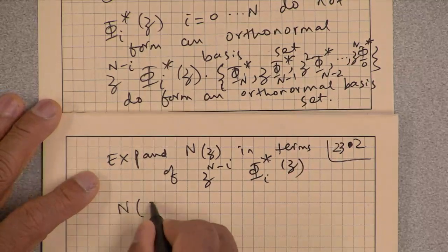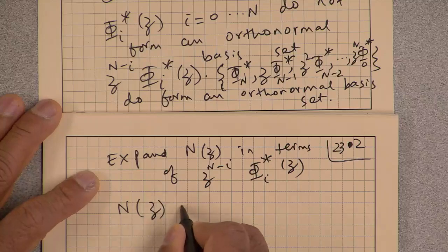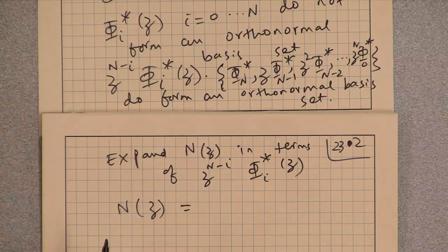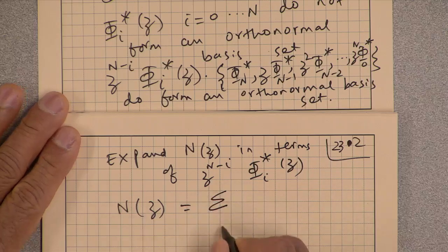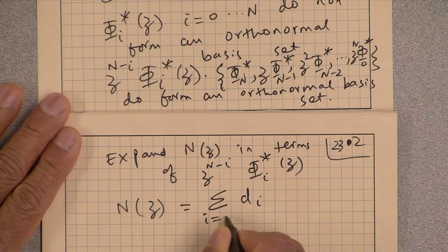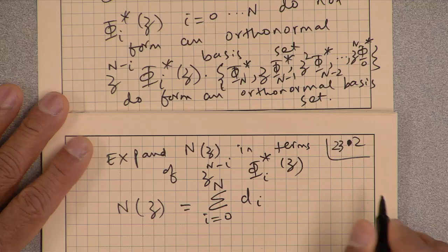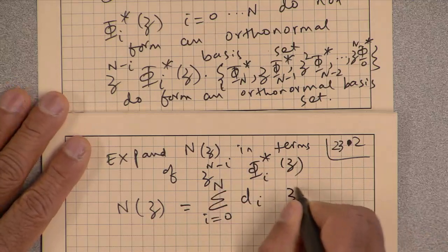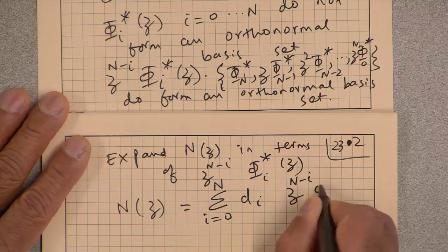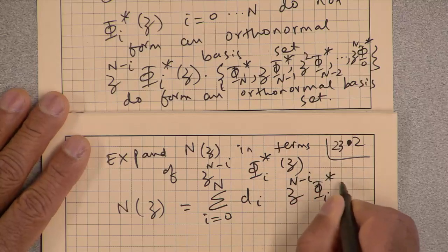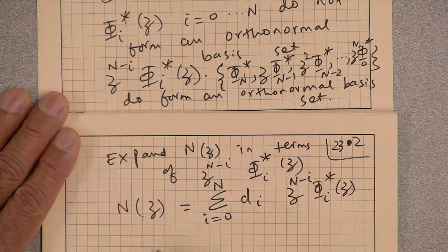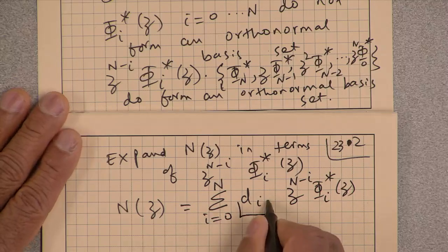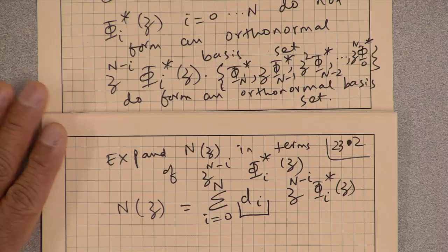So then I can write down the numerator polynomial is equal to some constant d i, i equal to 0 to n, times the polynomials z to power n minus i phi i star z. So that's what our goal is. Our goal is to compute d i. So that's what we want to do.